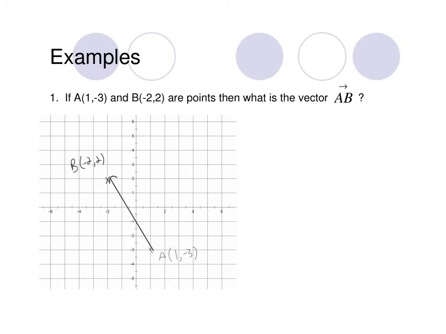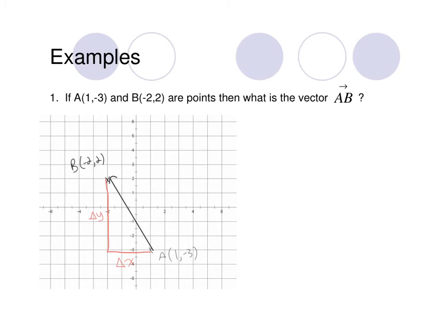We're going to look at that using the same concept as slope. If I start at A, how far do I have to go horizontally and how far vertically to get to B? If you remember from grade 9, we'd call the horizontal distance delta x and the vertical distance delta y.